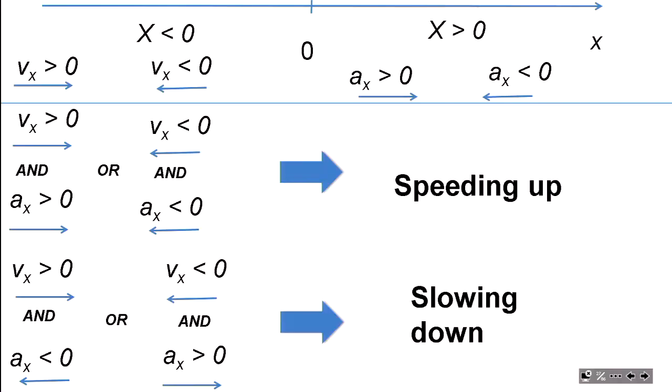And some of those options give you the result we call speeding up, when both are positive or both are negative, because they point in the same direction. And some of these options give you a case which we call slowing down, when one is positive and one is negative because they point opposite to each other. That's it.